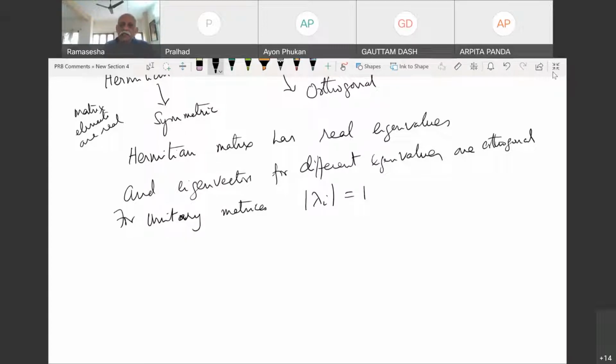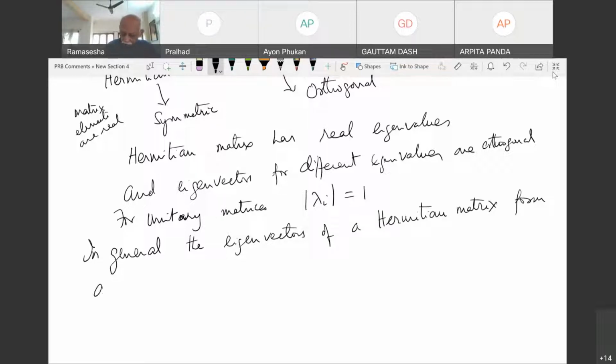Okay, and so Hermitian matrices have eigenfunctions which span an orthonormal set. So in general, the eigenvectors of a Hermitian matrix form an orthonormal set. Okay, so that's very important.